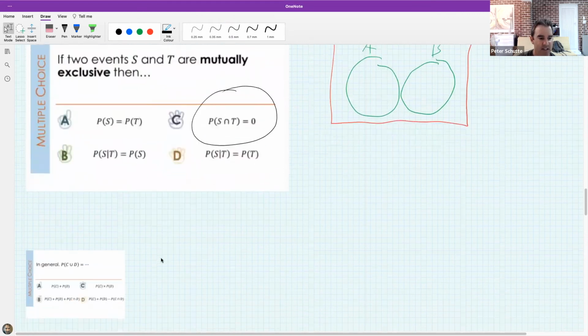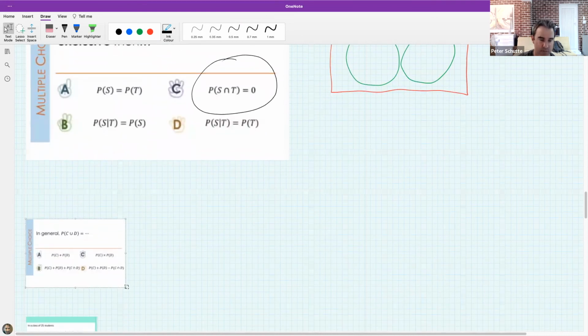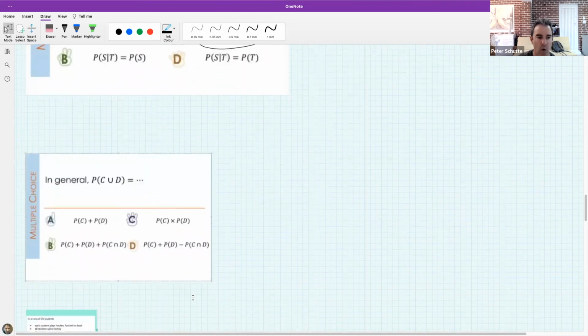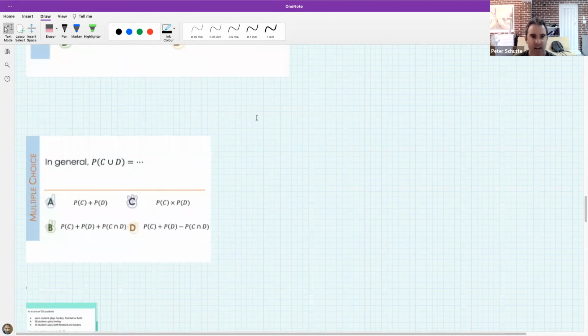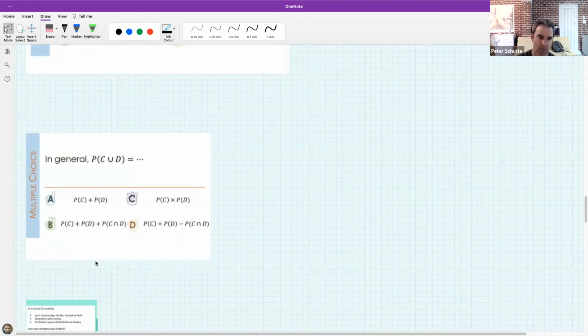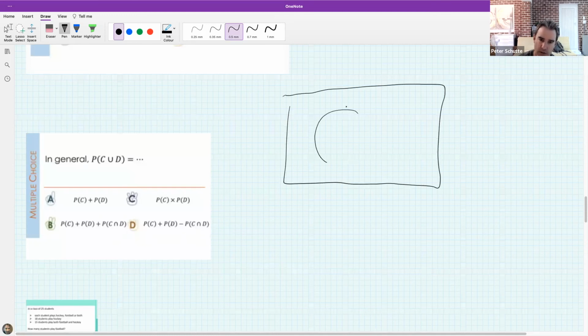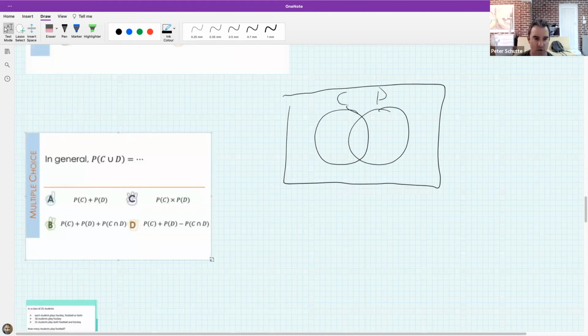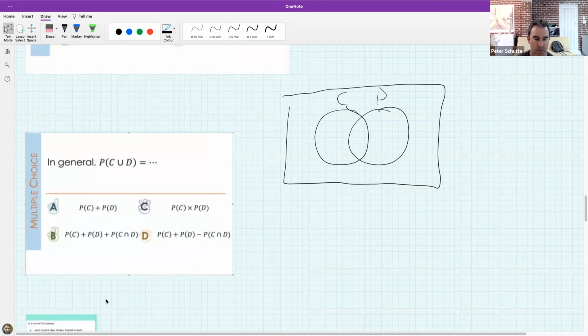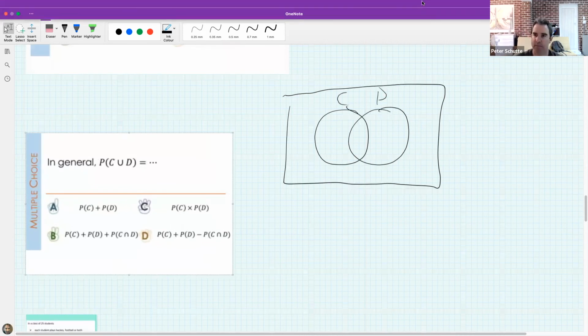Then the other identity, which is going to come up more in future lessons, is the OR identity. This is true in general, and when they talk about in general, they're normally talking about a situation like that. So let's call that C and D. Which of these four options is the identity that is true that we need to know about in probability, and we'll come back to in future lessons to understand more deeply.